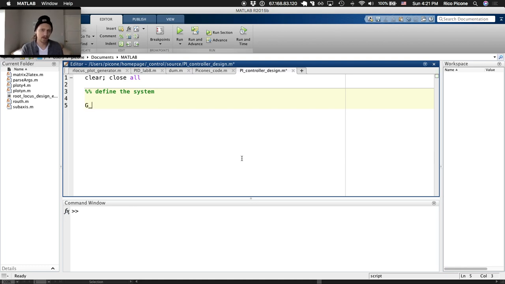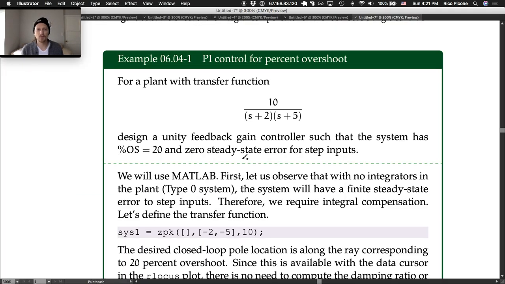So I'll just do g equals. It's in the form of it has factored out polynomials, so we can read off the zeros and poles from it and the gain. So that's what our method will be in terms of defining the system. We could use TF, but then we would have to multiply out this factored out system, so there's no point in doing that.